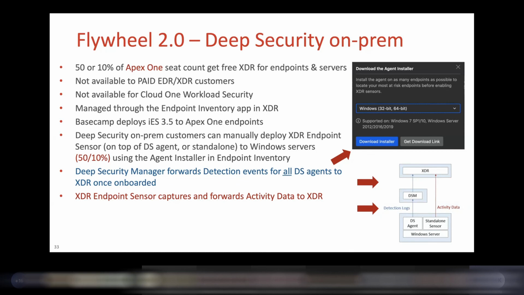The XDR sensor is called the Basecamp, and the customer just opens the appropriate application in the XDR console, downloads the installer or gets the link for the installer, and then installs it on top of the server. It could be installed with Deep Security Agent or without Deep Security Agent. It depends on the customer.